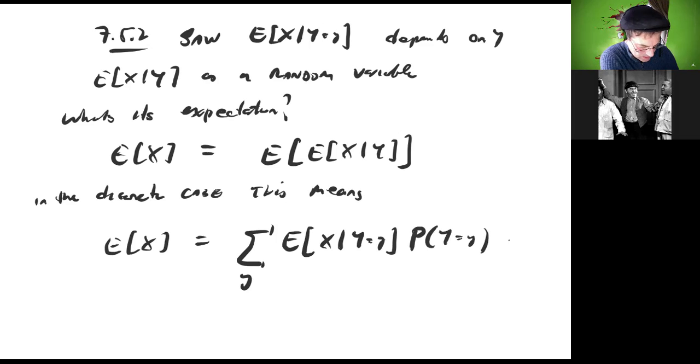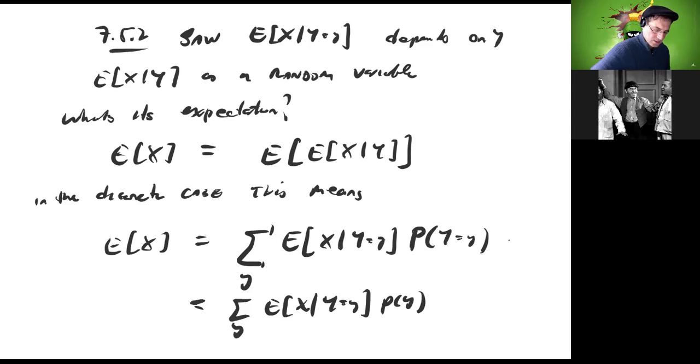In other words, it's the sum over y of E[X | Y = y] p(y). So that's what the formula is saying there.